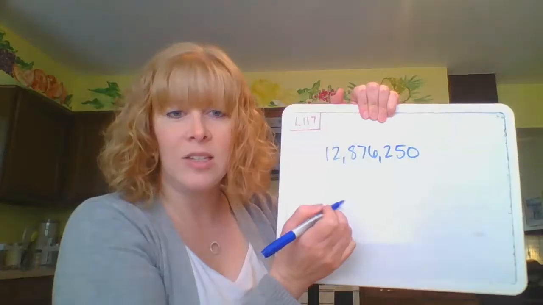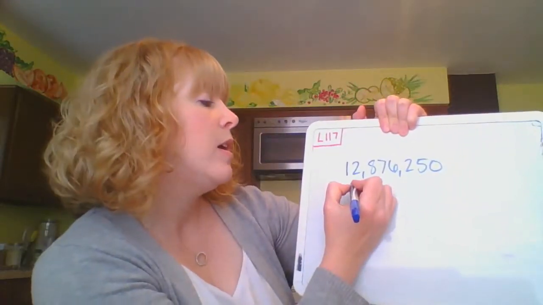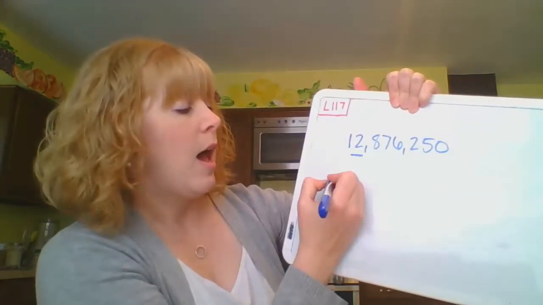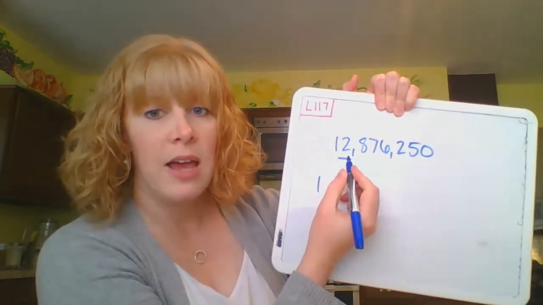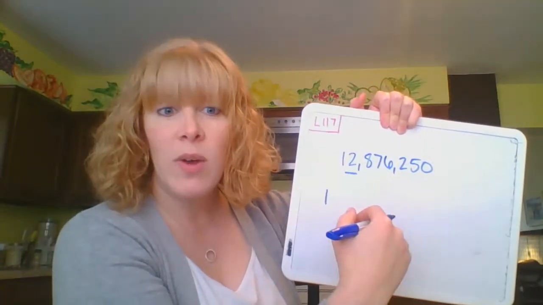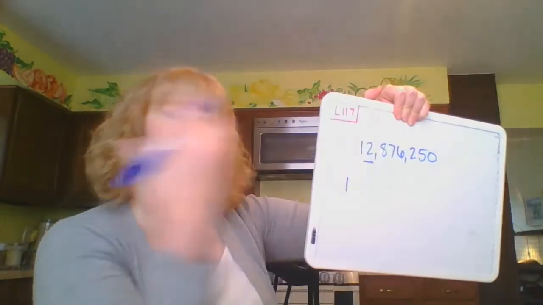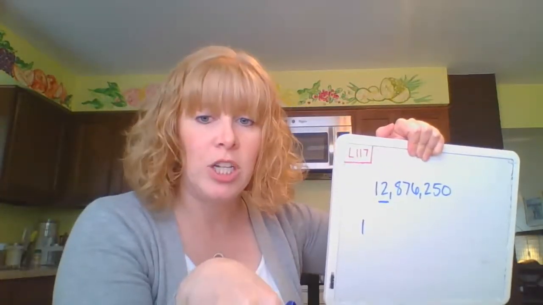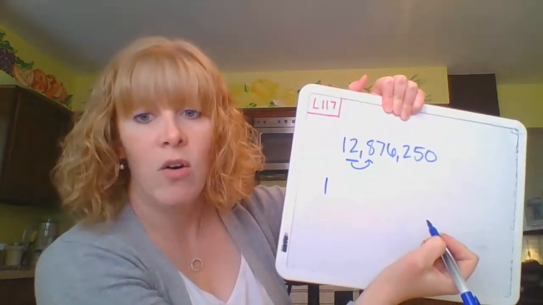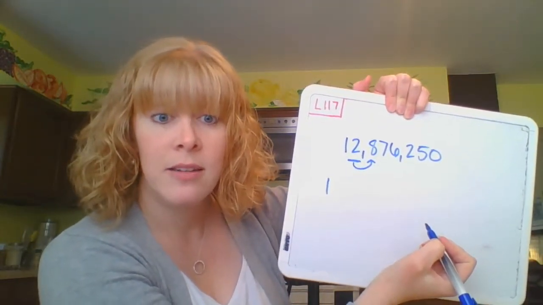And I'm going to round it to the nearest million because we've rounded to millions before. So I have a 2 in my millions place. I'm going to put my 1 down there right away because any number before that isn't going to change. I'm rounding to the nearest millions. So whatever's in the 10 millions or 100 millions, or even if I went up to billions, that wouldn't be changing. I'm going to look to the next place value over, which is 100,000s.